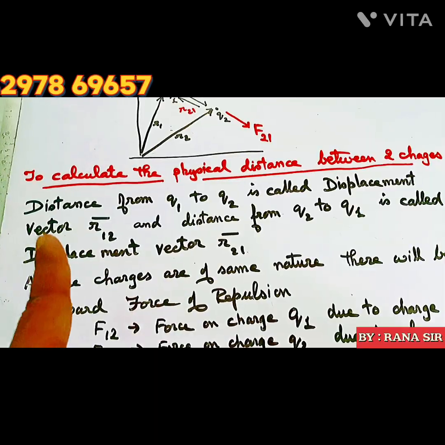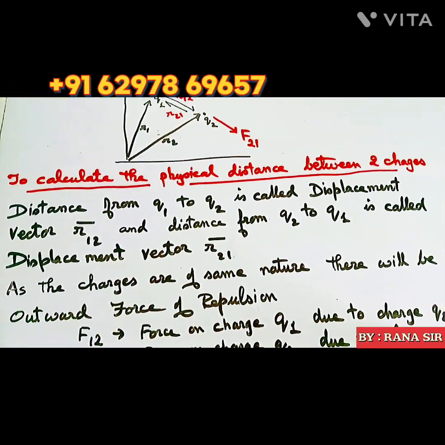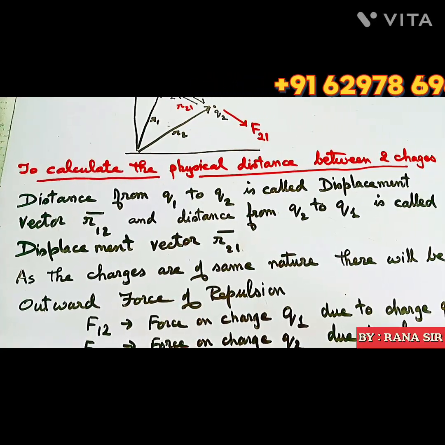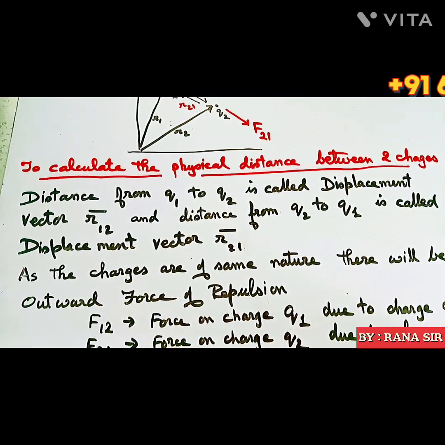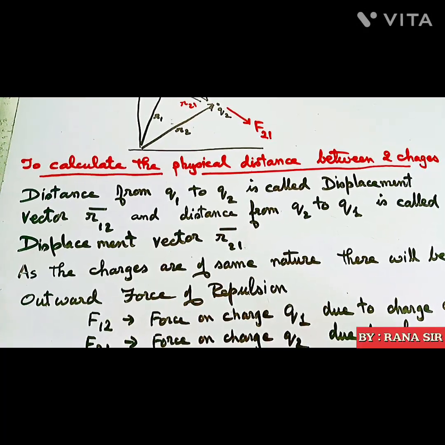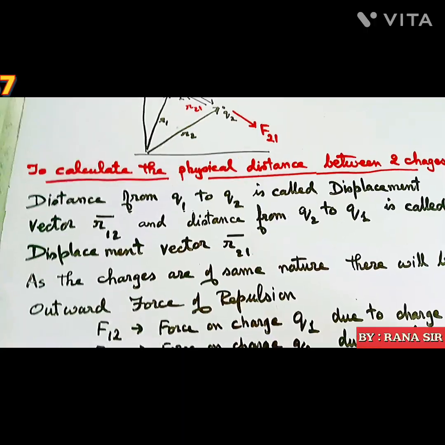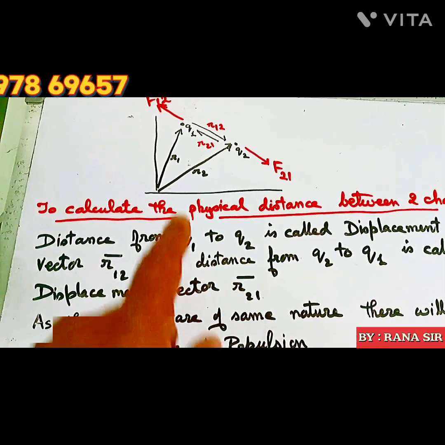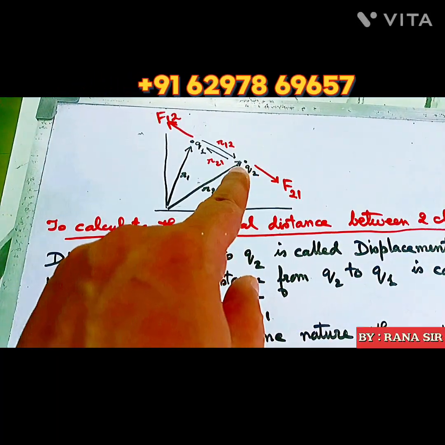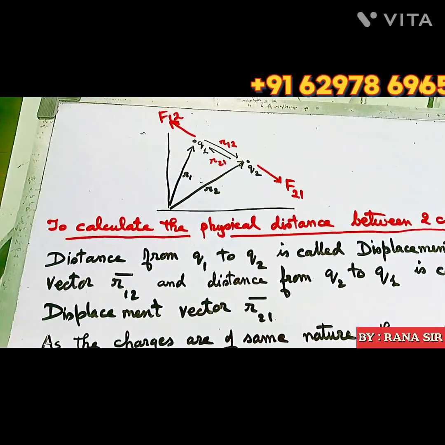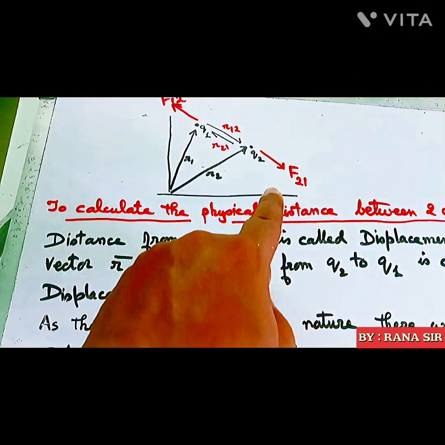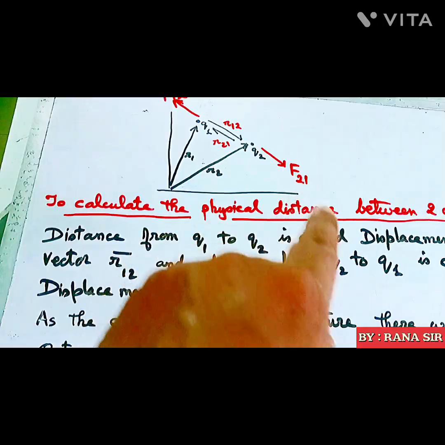I'll read what has been written. Distance from Q1 to Q2 is called displacement vector R12, and distance from Q2 to Q1 is called displacement vector R21. Now the charges are similar, so there will be repulsive forces, one going in the opposite direction to the other. Here the force will go down.